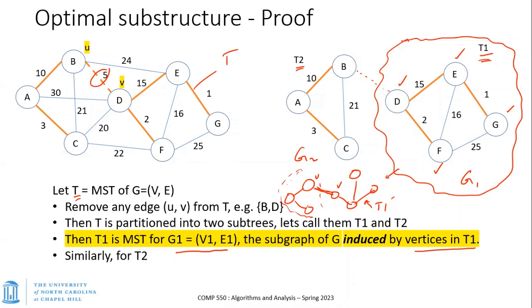this edge that you've put back in, and you have T1 prime, which has a lower cost than T1.